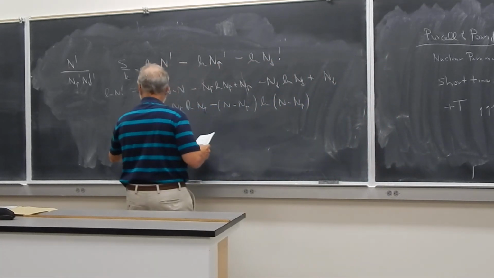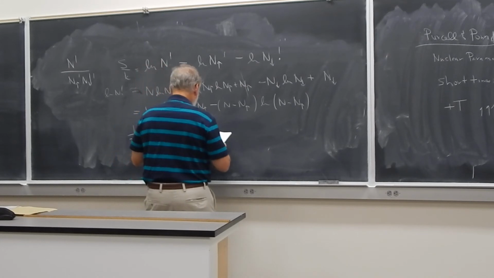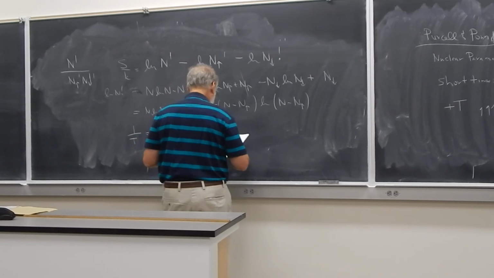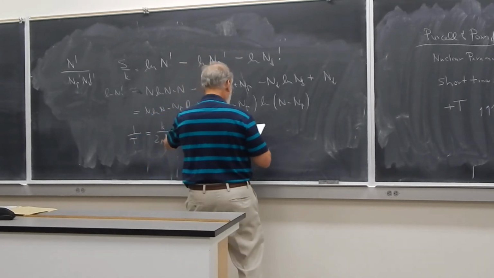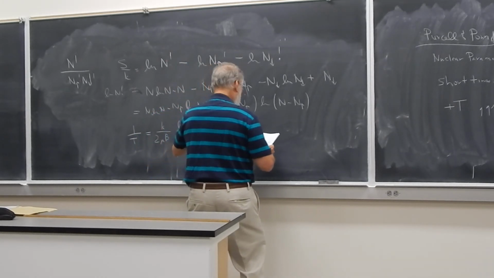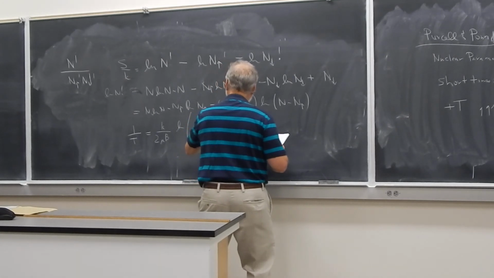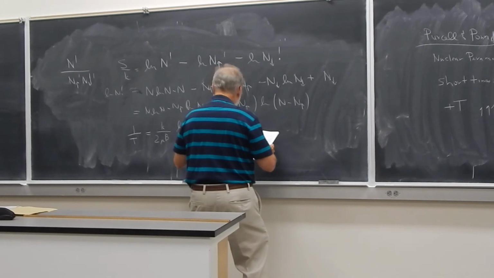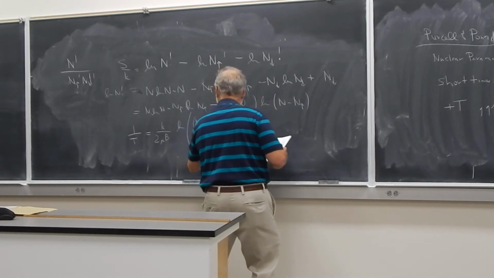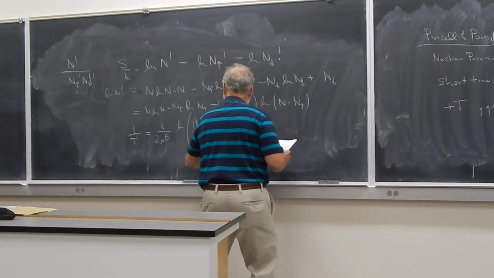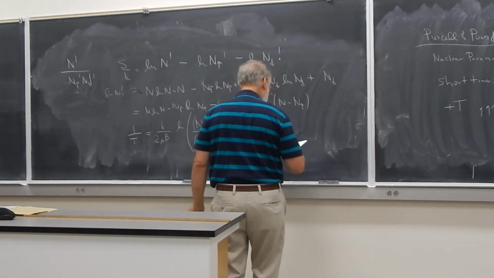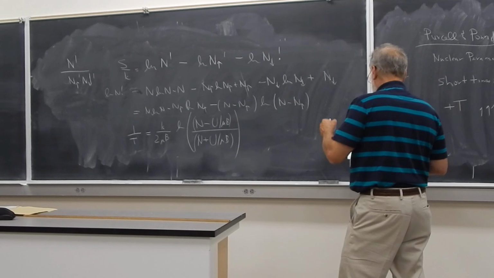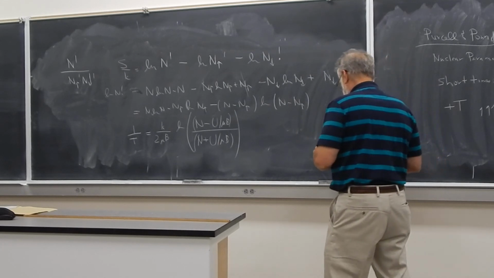I can say 1 over T is equal to k over 2 mu B times the log of (N minus mu over mu B) divided by (N plus mu over mu B). Notice, temperature and energy are always going to have opposite signs.